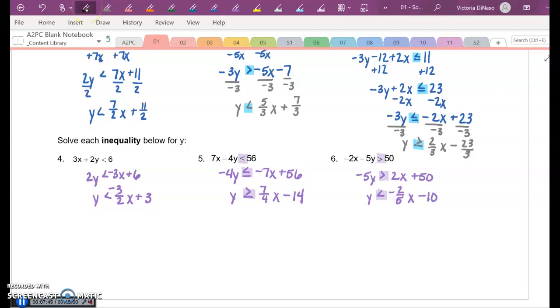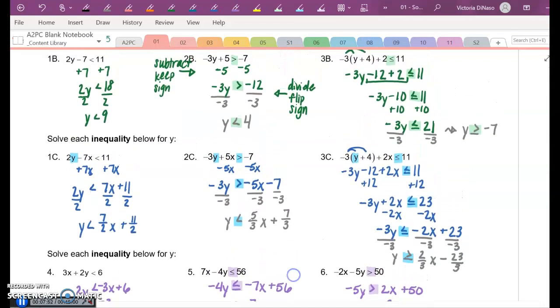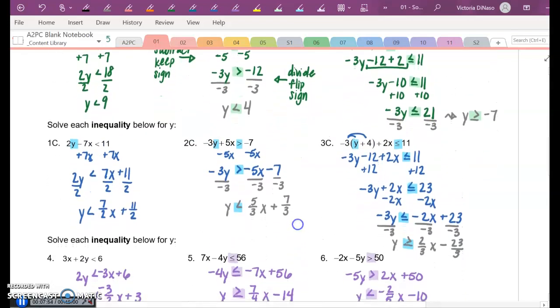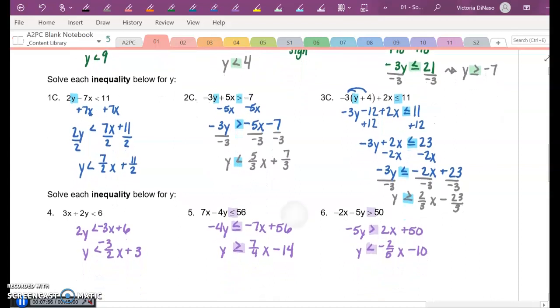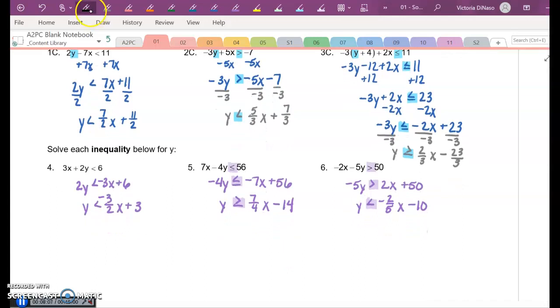So before we start any problem, looking at all of the ones where we had to flip the inequality symbol, I know that I have to flip the inequality whenever the symbol in front of what we're solving for is negative. So let's go ahead and write that down.